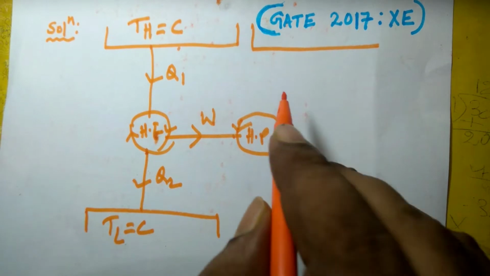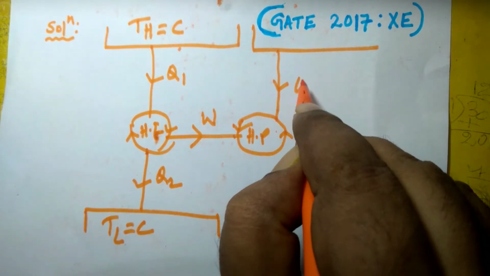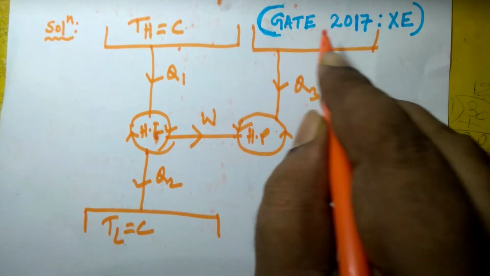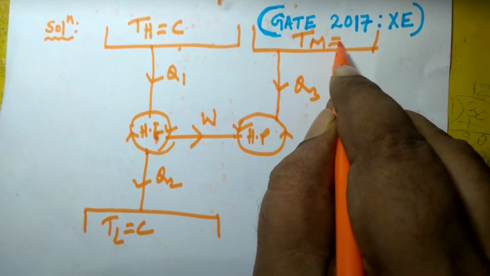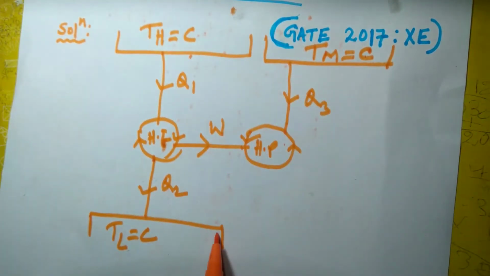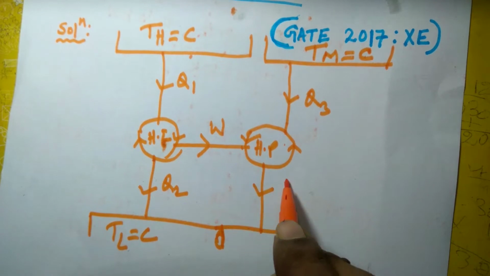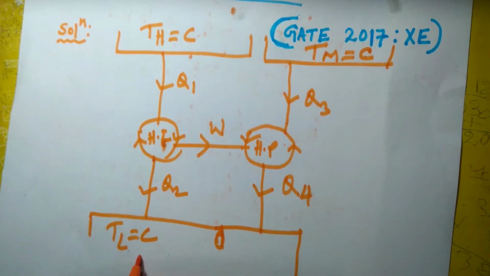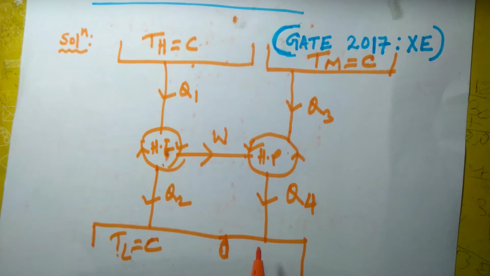Suppose this Q3 heat is absorbed from another low temperature reservoir, say Tm, and this Q4 is again the heat transferred to the same reservoir to which the heat engine rejects it. This reservoir is common to both heat engine and heat pump.